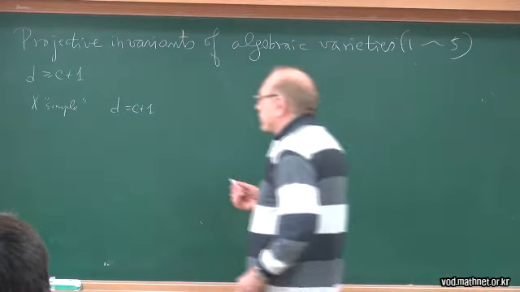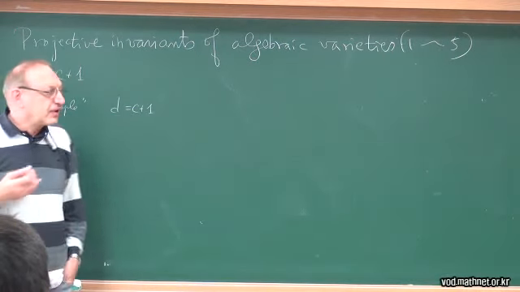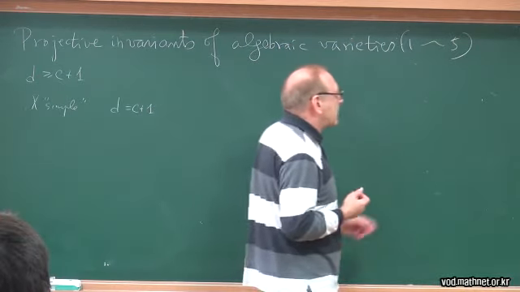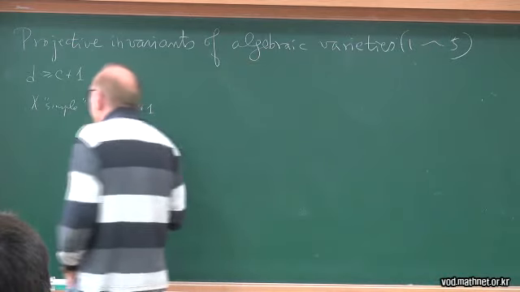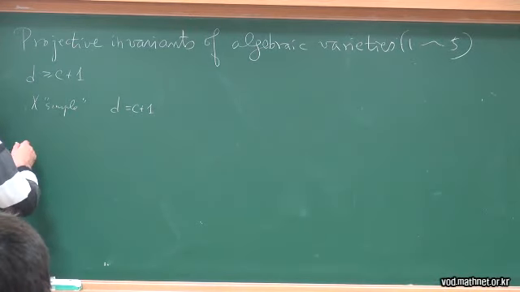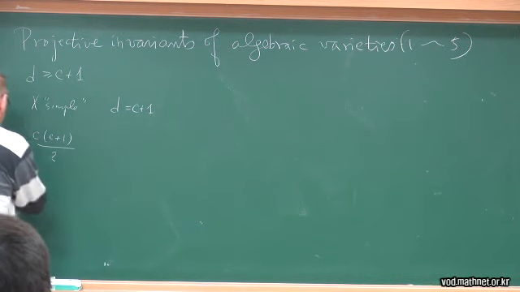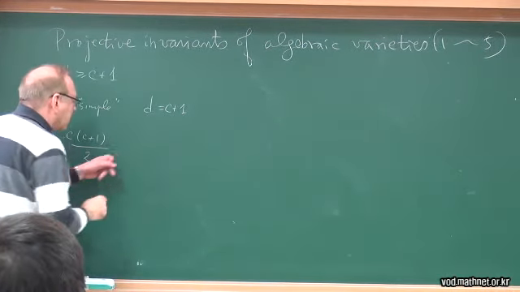There is a classification of varieties of minimal degree, but they are rather complicated at first glance from the algebraic point of view, because the ideal is generated by so many quadratic forms.